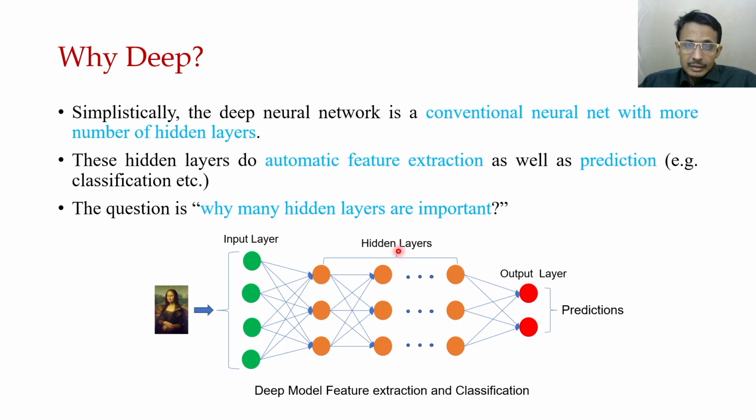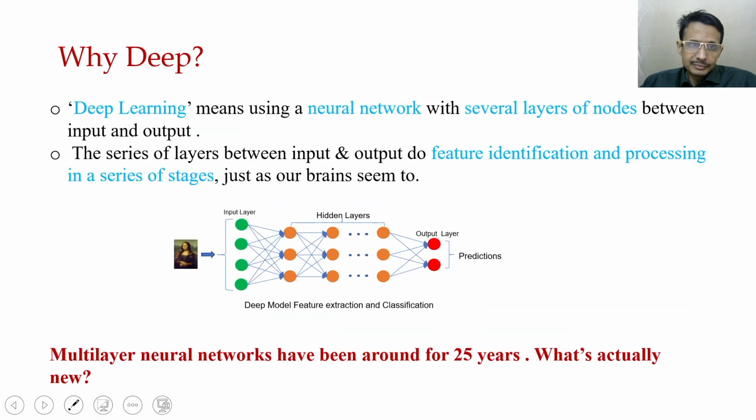But the main issue is why many hidden layers are important, or how the deeper structure helps to make the model more perfect. Let us find the answer to this question.